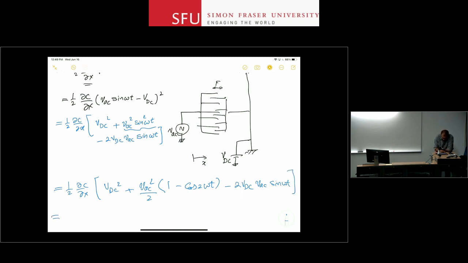Okay? And that is going to be 1/2 dC/dx. Again, you can just group the DC components here plus VAC squared over 2. So this is your DC, minus VAC squared over 2 cosine 2 omega t, minus 2 VDC VAC sine omega t.